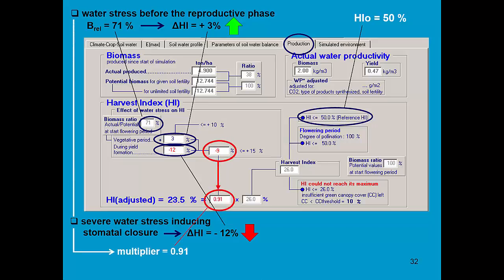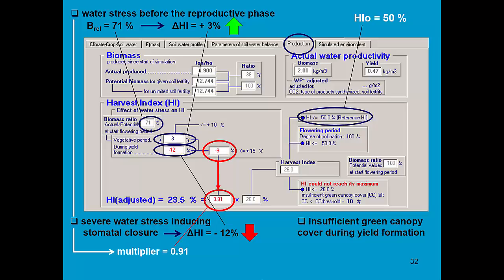The combined effect of the positive increase and the negative decrease results in a multiplier which is smaller than 1. The harvest index is reduced by 9%, or the multiplier is 0.91. The reference harvest index is 50%.